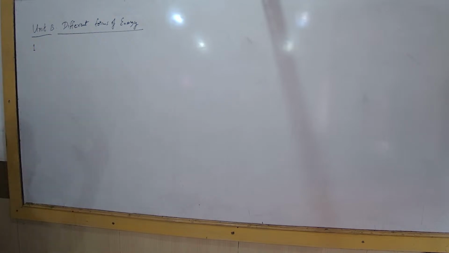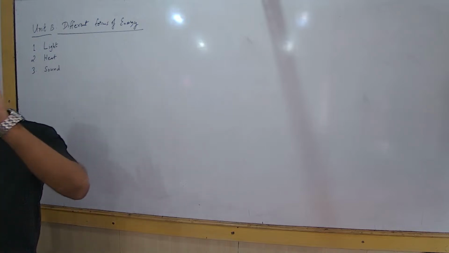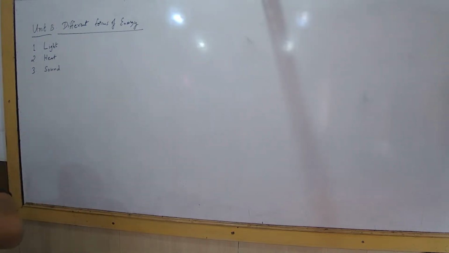Start from the start. Heat energy, mechanical energy, light. Sound. These are the most basic forms of energy, right? Light, heat, and sound.